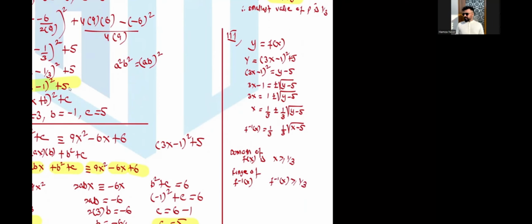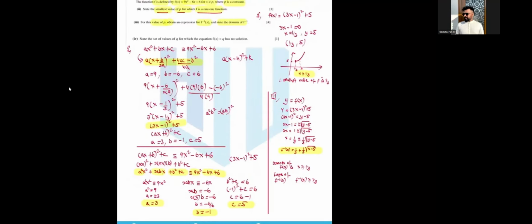We need the outputs of f inverse x to be greater than or equal to 1/3, and that would only be possible if we add something to 1/3. Therefore, f inverse x is equal to 1/3 plus 1/3 times the square root of x minus 5. This is basically the f inverse x function.